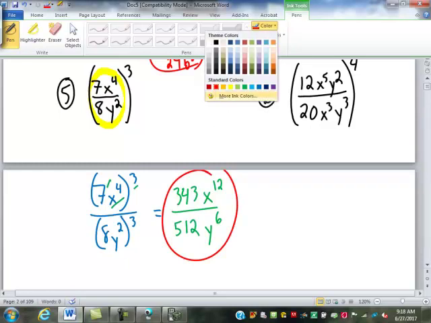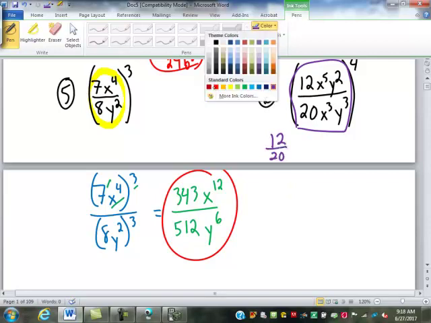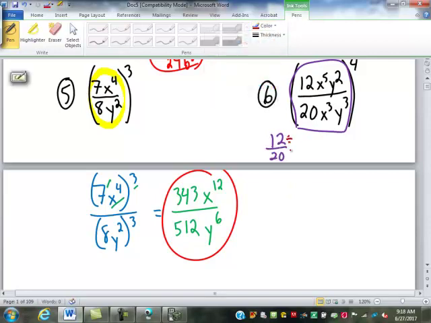Now number 6 has an extra step or two in it. First, we need to see, can we reduce this fraction in here? And yes, we can. 12 over 20, those both divide by what number? 4. Very good. What's 12 divided by 4? 3. 20 divided by 4? 5.